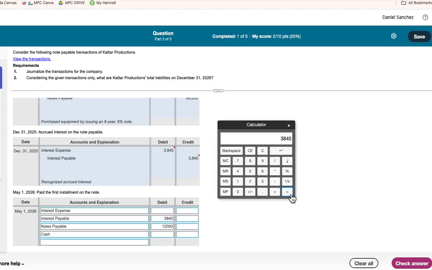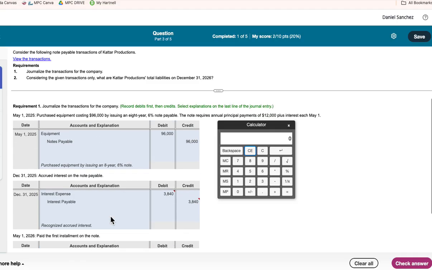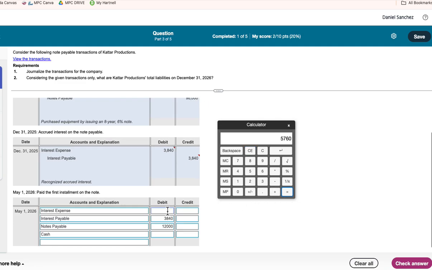And then I'm going to take that number and I'm going to subtract my interest expense from that, 3840, and that gives me, what just went wrong? Is it the exact same number? I don't know. Let's see. Let's do it again. 96,000 times 0.06, and that equals 5760, and then I'm going to subtract 3840, that's going to equal 1920.